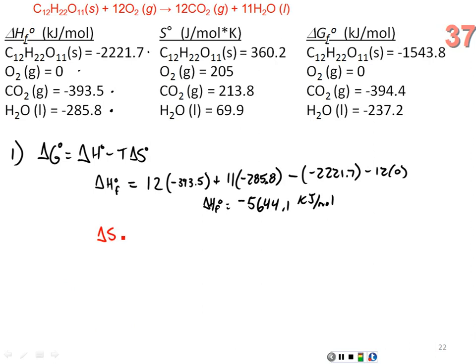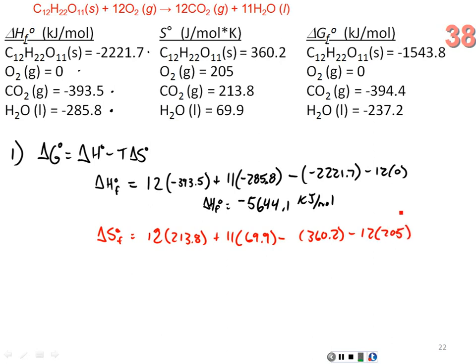Using the same method for delta S, we're going to have 12 times 213.8 plus 11 times 69.9 minus 360.2 minus 12 times 205.